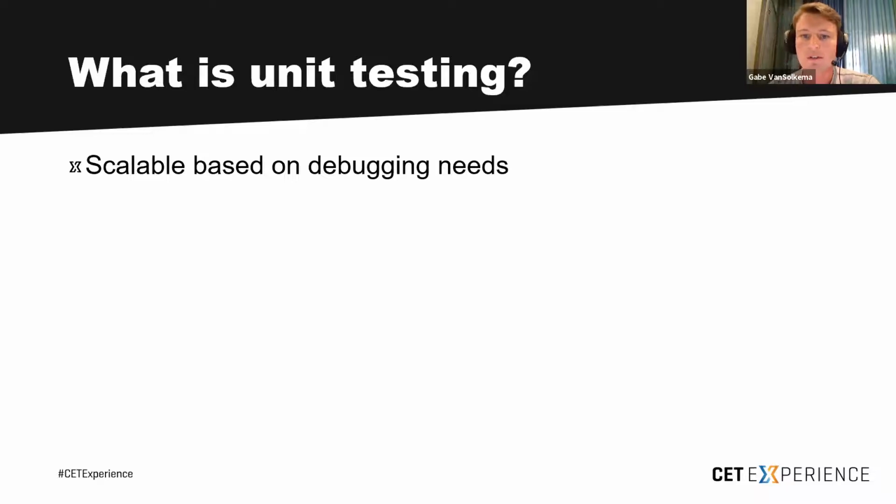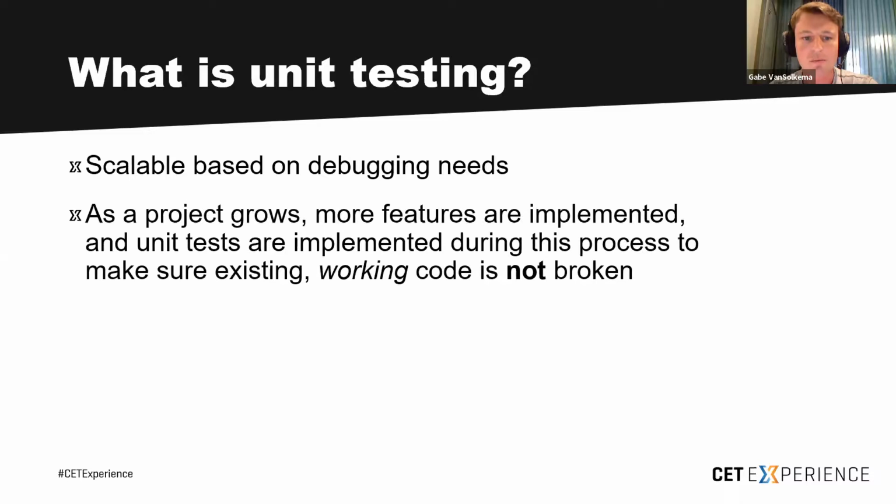And so we're only going to have a few unit tests on this small subset of code, just because it's something that should work, or it's something that is niche and isn't affected by a lot of other things in the code. But as a project grows, more and more things are implemented, and it is hard to know how everything's going to affect everything else.